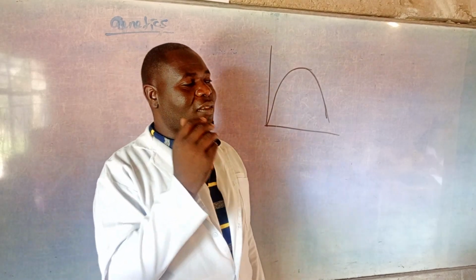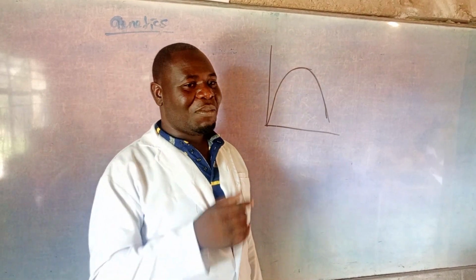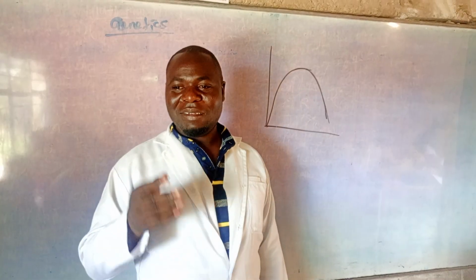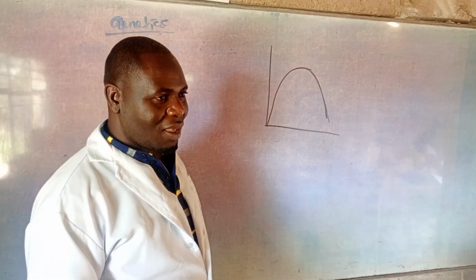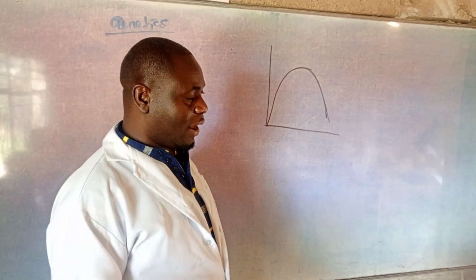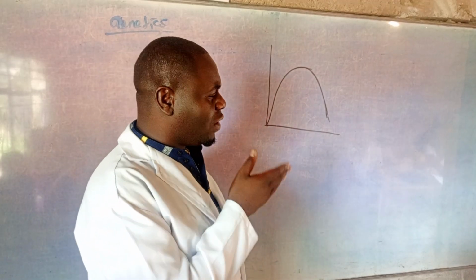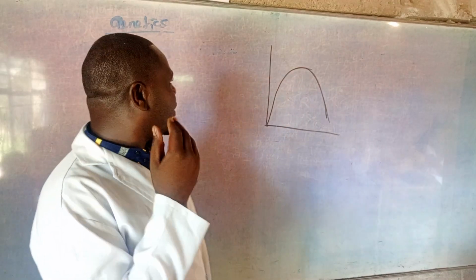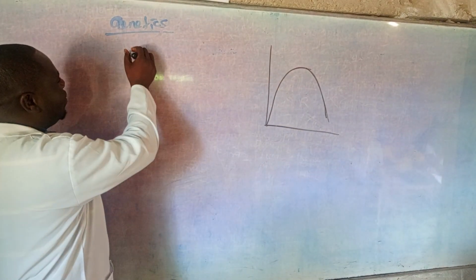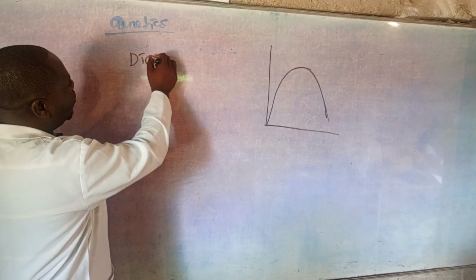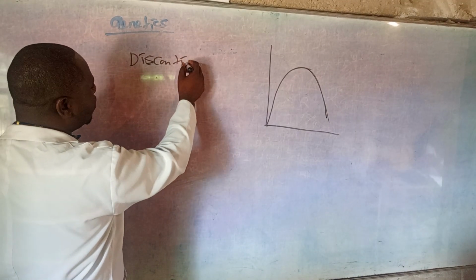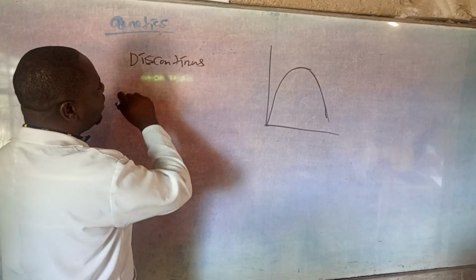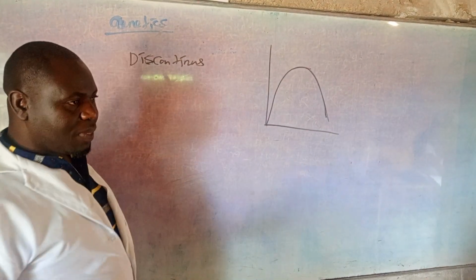So we have got things that can be changed and that cannot be changed, right? For example, blood group. Blood group cannot be changed, right? So those are under discontinuous variation. In short, discontinuous variation is a type of variation where there is a clear-cut difference among the organisms.